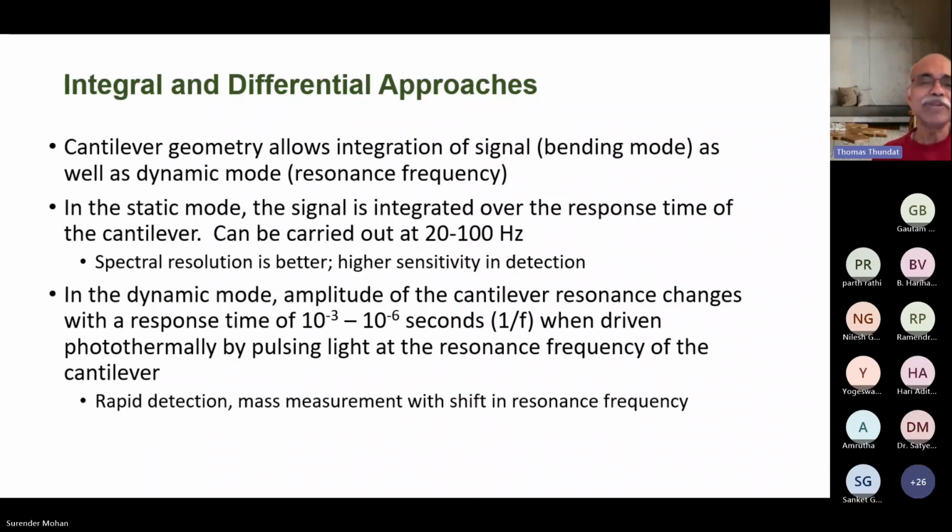And then you look at the amplitude. So you're changing the different wavelengths, exposing the cantilever and only looking at the amplitude. So this approach gives you a very fast detection, and it's also compatible with the mass measurement at the same time. Next slide.